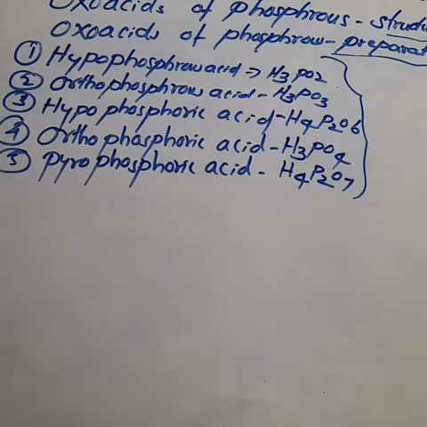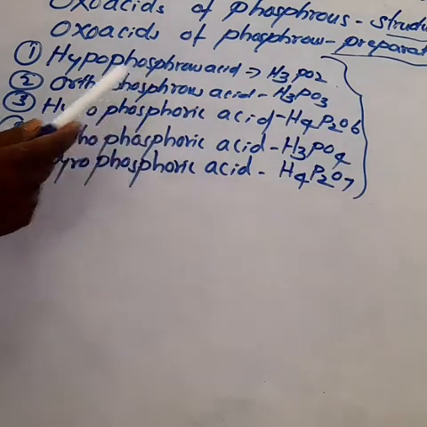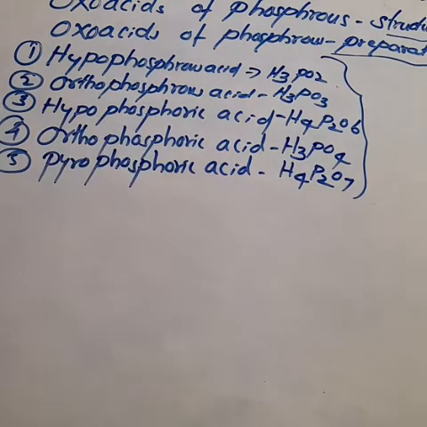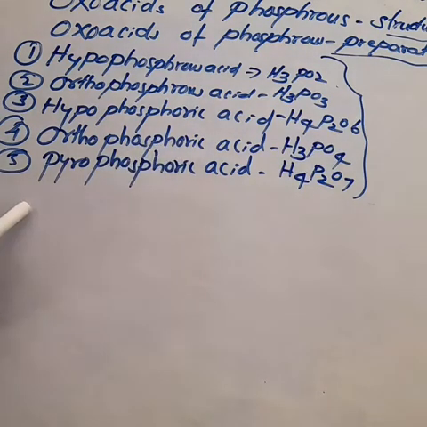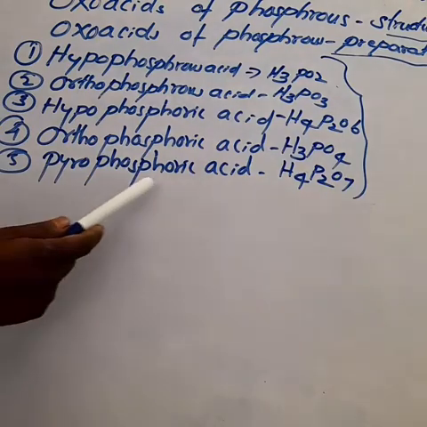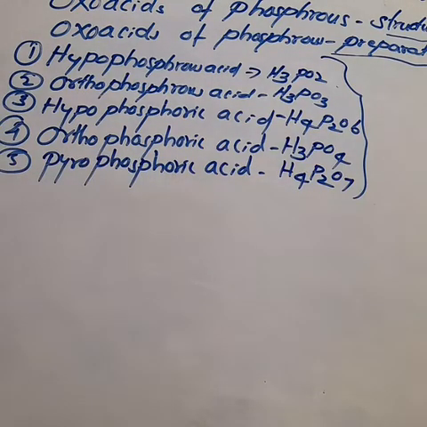Fifth one, pyrophosphoric acid. What are they? Hypophosphorus acid, orthophosphorus acid, hypophosphoric acid, orthophosphoric acid, pyrophosphoric acid. These are the 5 types.